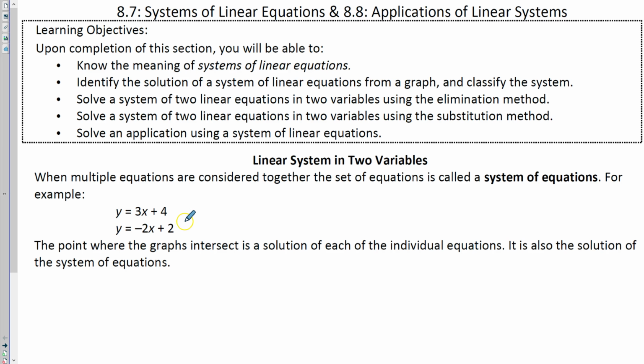So here our system is for two equations, and essentially we want to find the particular x and y values that would be satisfying not just the first equation and not just the second, but both at the same time.